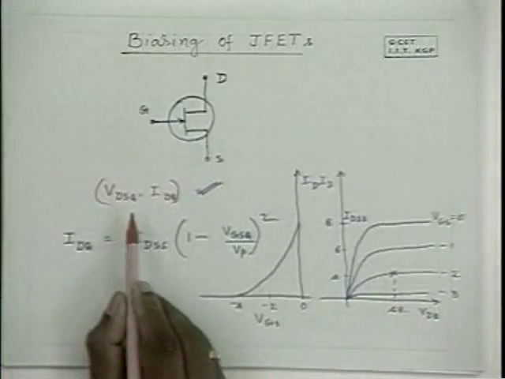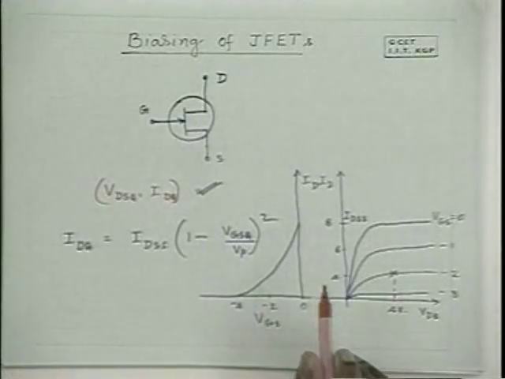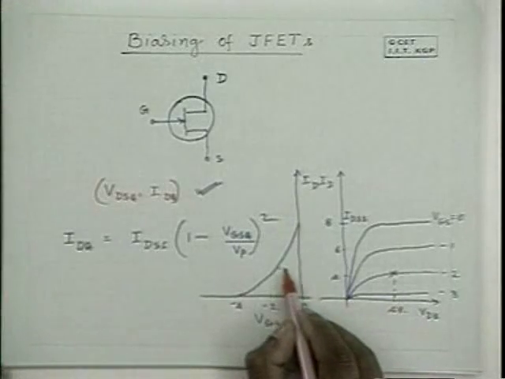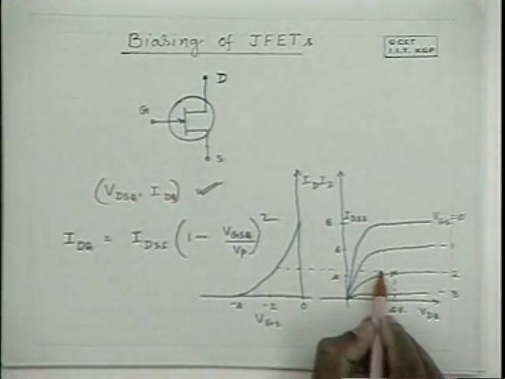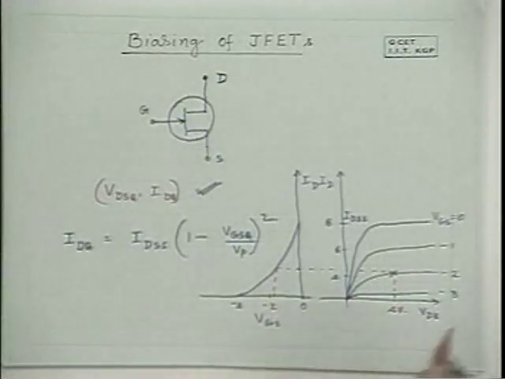Now the question is, how do you select the quiescent point? That means what particular VDSQ and IDQ you operate at, and how do you design a circuit to yield these voltages and currents? The analysis is similar to that in the case of a transistor, with some difference, the difference being the characteristics.